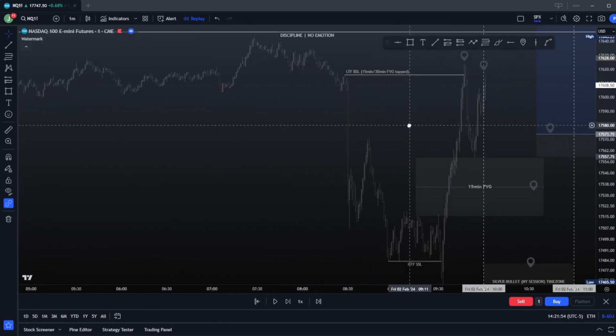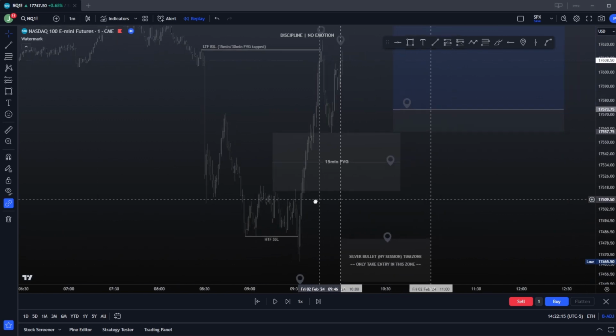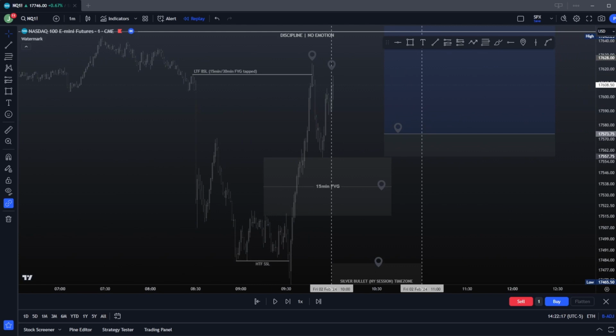But yeah, so that's what a fair value gap is. Exactly. Seems like you've grasped the basic concept of it. I'll break it down a little bit more as I get into what you actually drew. And I can see right off the bat there's actually multiple reasons I can see that would be bearish.